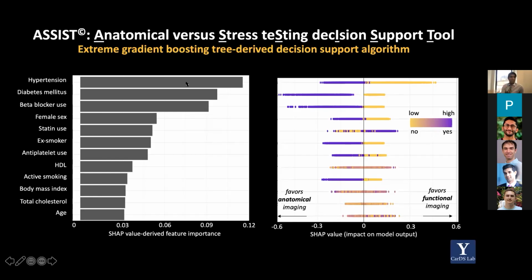And this is unidirectional. The plot on the right gives you a bidirectional sense that for, say, hypertension, which is a yes or no question, purple, which is presence of yes, would favor anatomical imaging, and a no would strongly favor functional imaging. And the no would have a much stronger influence than the yes.